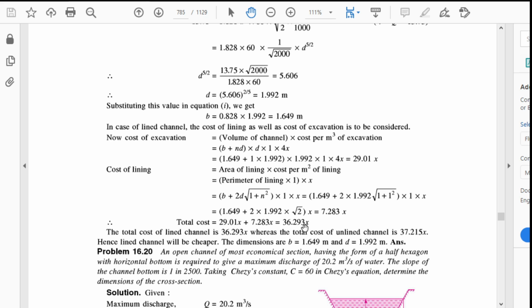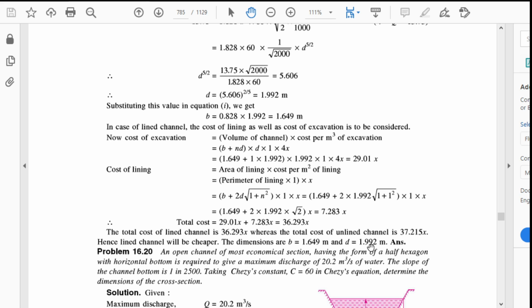So the dimensions for the economical channel will be the same as those for the lined channel, that is B equals 1.649 and D equals 1.992 meters.